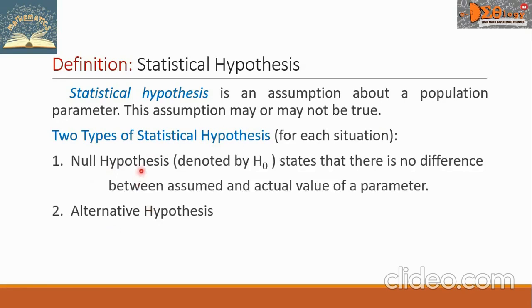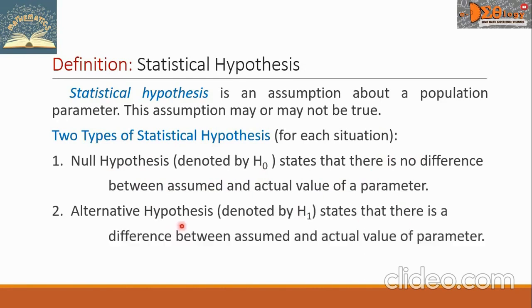Null hypothesis is denoted by H sub 0. It states that there is no difference between assumed and actual value of a parameter. While alternative hypothesis is denoted by H sub 1.